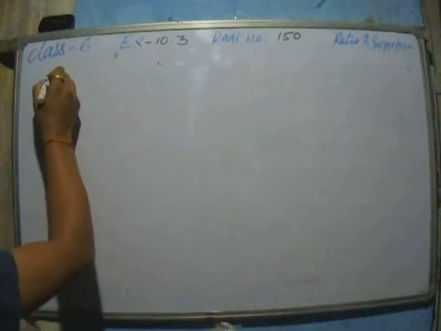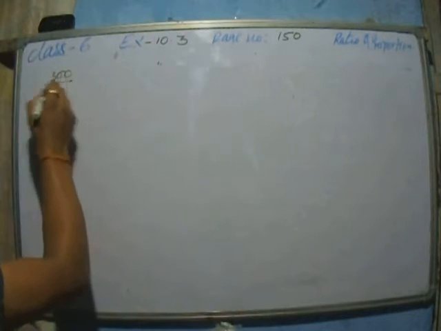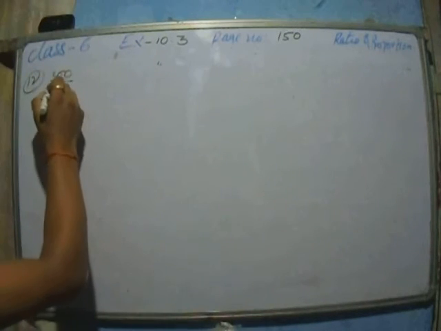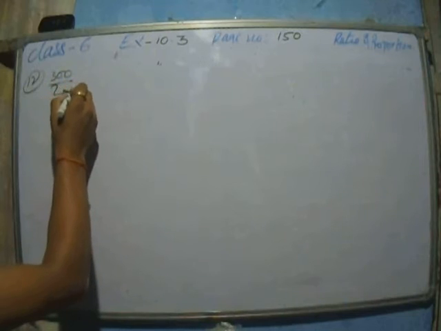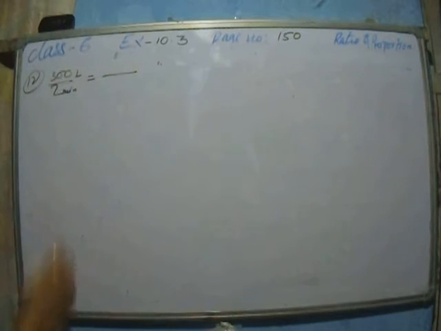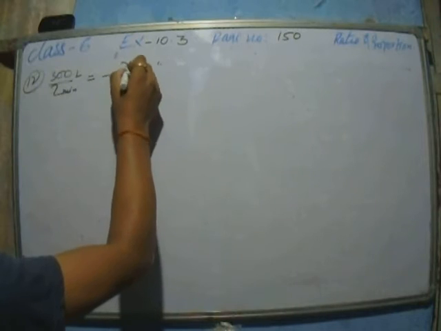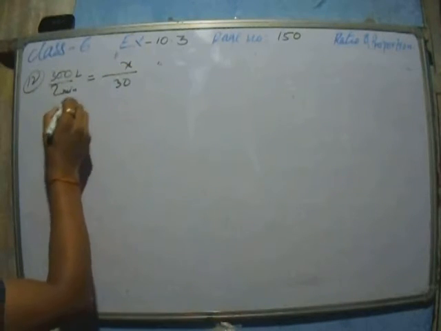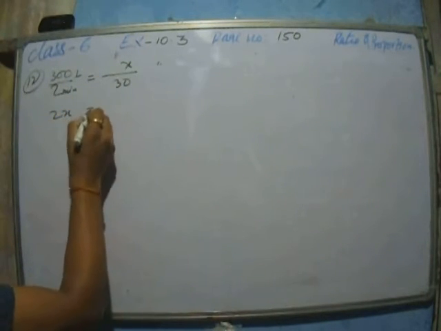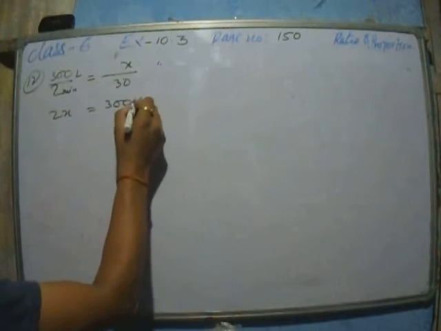So here 300 liters in 2 minutes. Now it says, find the quantity of water it can fill in 30 minutes. So here in 30 minutes how much? So here 2 into x, 2x is equal to 300 into 30.